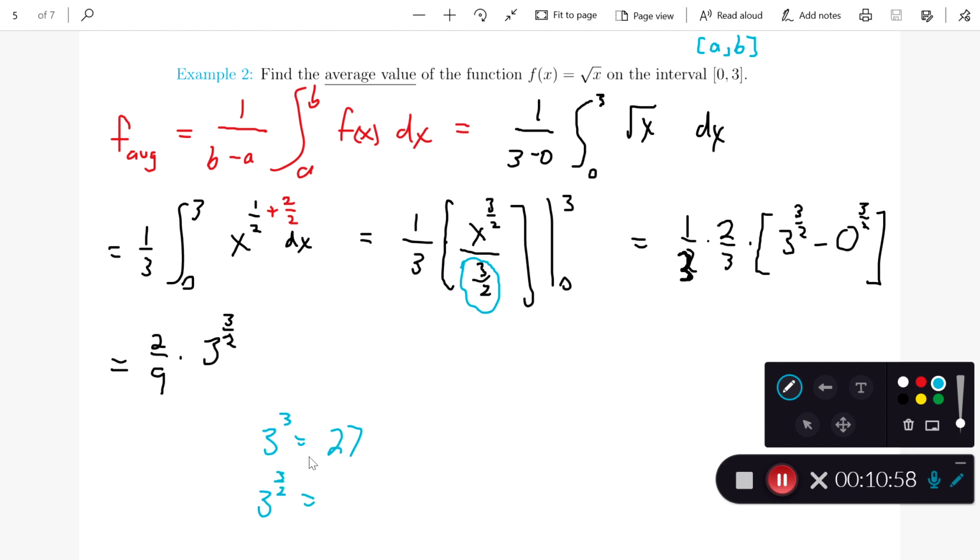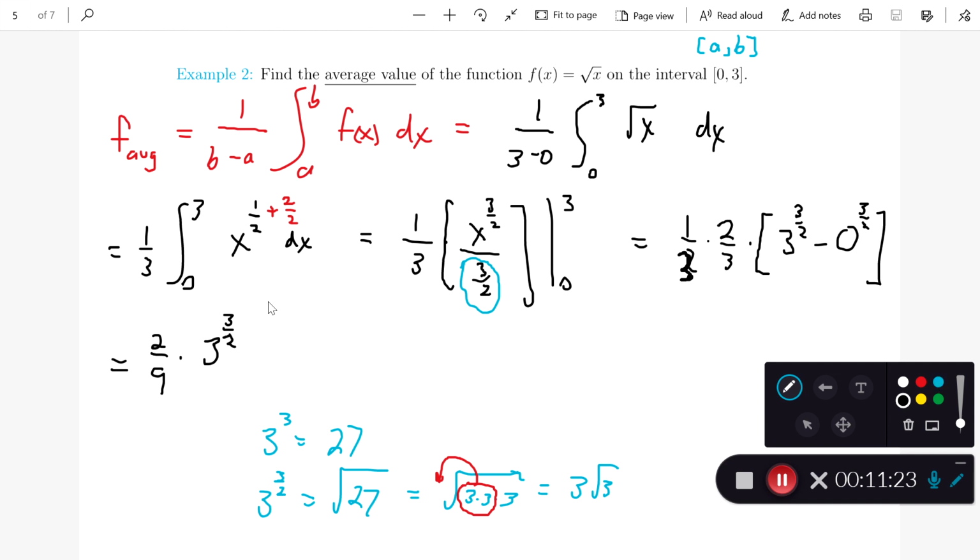So 3 to the 3/2 is the square root of 27. And like we said, 27 is 3 times 3 times 3. Now remember, when you're doing a square root, pairs come out. That last 3 has no friend, so it has to stay underneath. So 3 to the 3/2 is really 3 times the square root of 3.